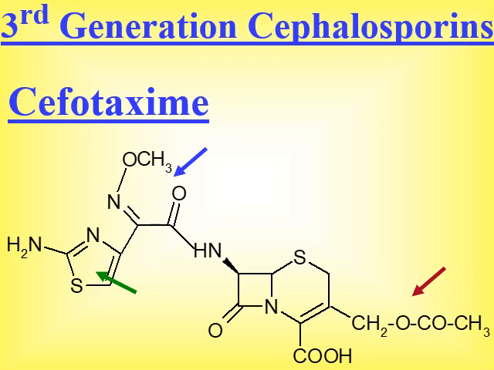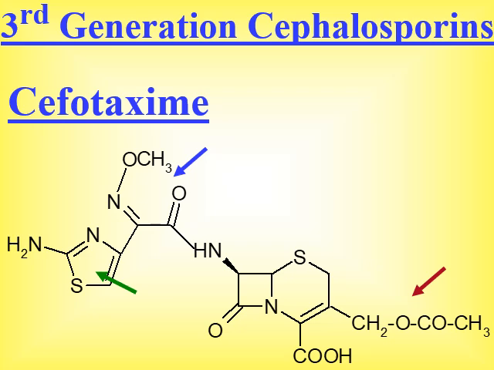The third generation of cephalosporin was introduced in 1980. Most of them are semi-synthetic. As we said before, what does semi-synthetic mean? It means that we synthesize it from natural compounds. Since they are semi-synthetic from cephalosporin C, they are very expensive.